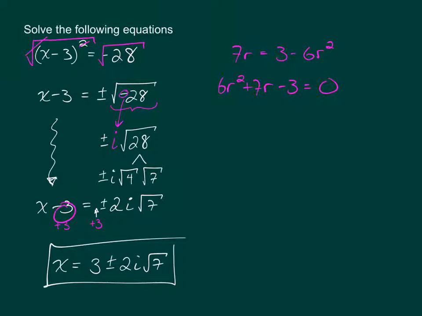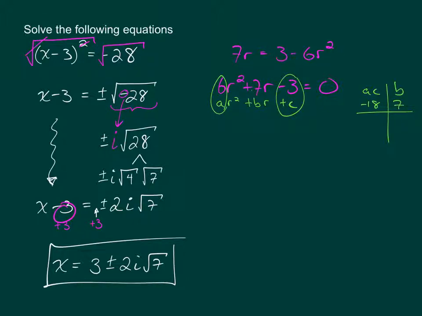And I can tell that because I can multiply my a times my c and get ac is negative 18. And I have b is positive 7.